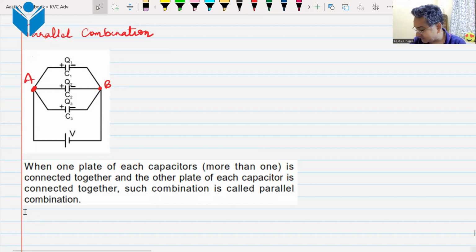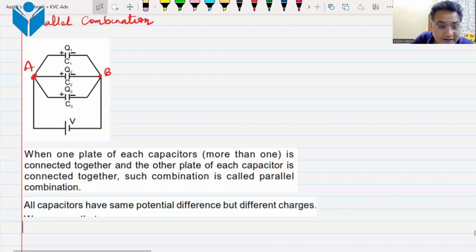Do we understand this? Yes, sir. Here, all the capacitors will have the same potential difference, but the charges on them would be different. Do we understand this? Yes or no? Yes, sir.